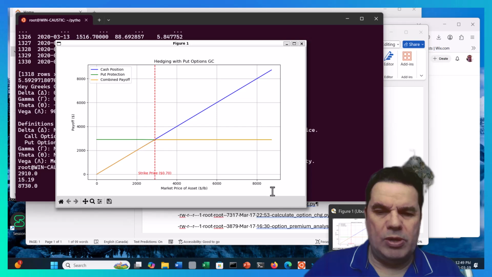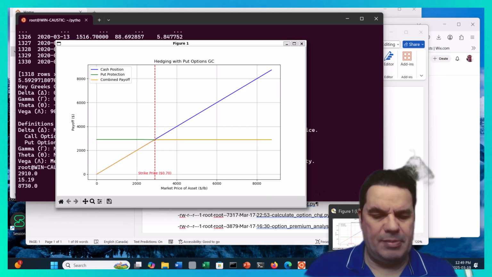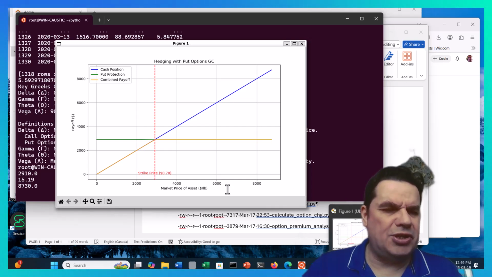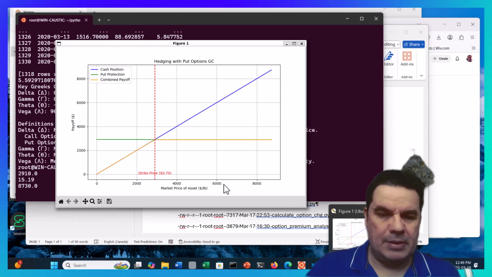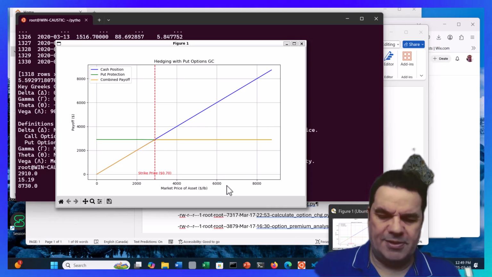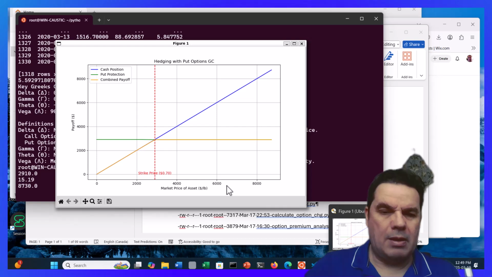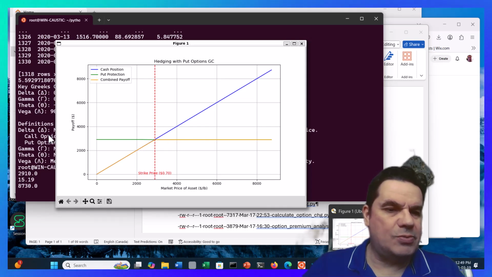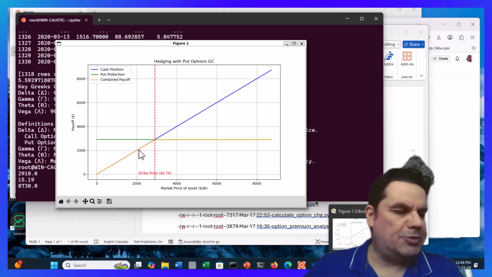So here we could look at the option premium analysis. Anything that has anything underscore CAG change is what I've changed for my needs. Okay. So here, let's run this. In here, what's going on here is we have two call options.